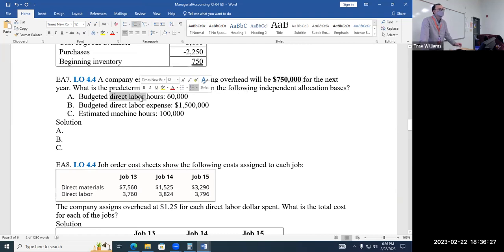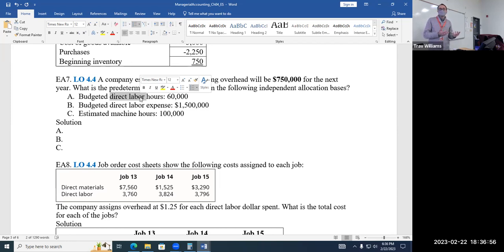Again, we've got 3 common ways that we can apply overhead. And a company gets to choose whatever method makes the most sense for them. So some companies, especially if they use a lot of labor, well, then there's a lot of cost for training employees, for supervising employees, overhead costs that are associated with labor.